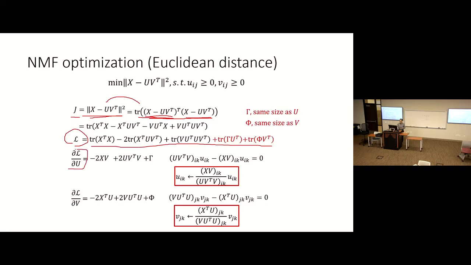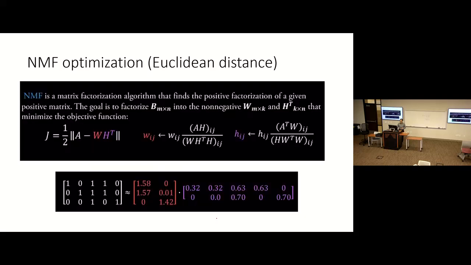Then with the partial derivative, at the end people derived the equation like this, okay? Based on that theory. So again the notation changes. It becomes A and WH, so still X and UV. You keep updating. After several rounds of updating, those numbers won't change, so you get the values.